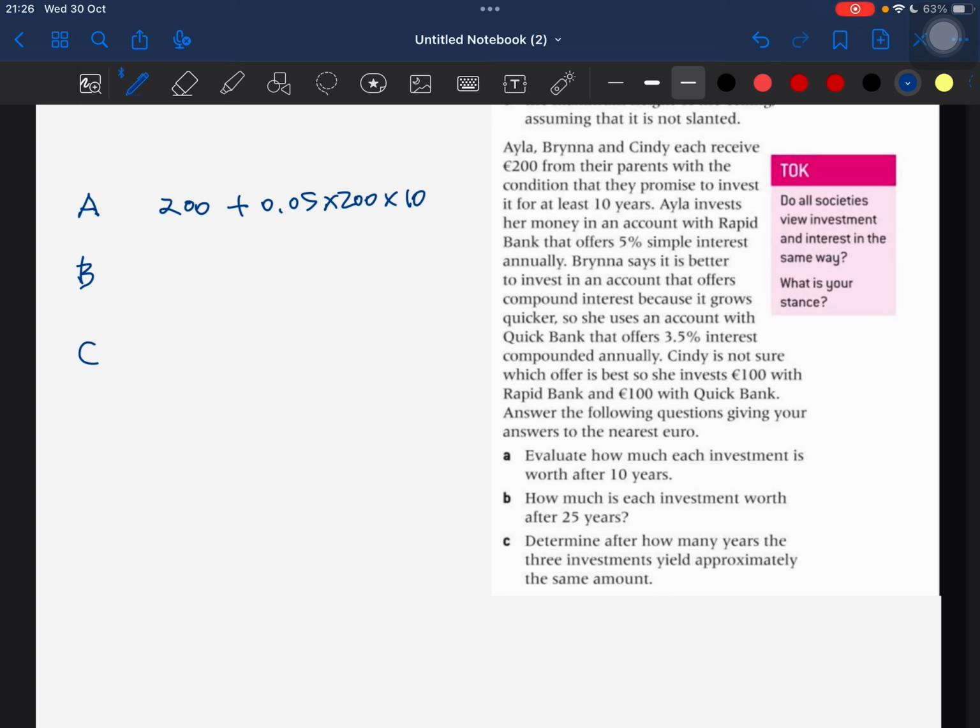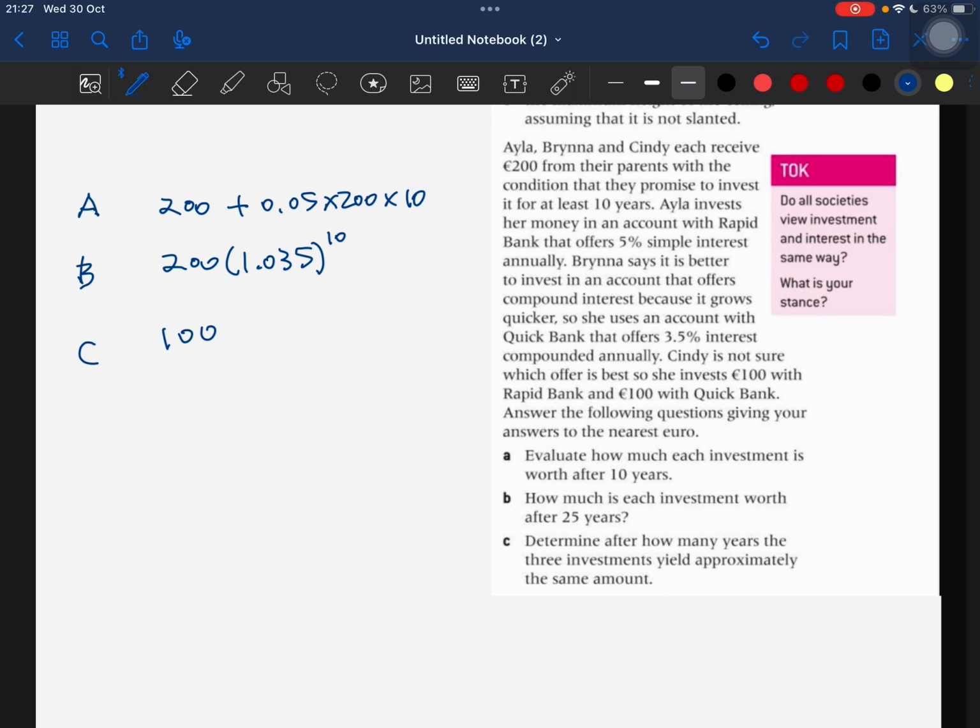And Bruna says it's better to invest in an account that offers compound interest of 3.5%. So 200 times 1.035 for another 10 years, so she will get the interest 10 times. Cindy is not sure, so she invests 100 with Rapid Bank and 100 with Quick Bank.